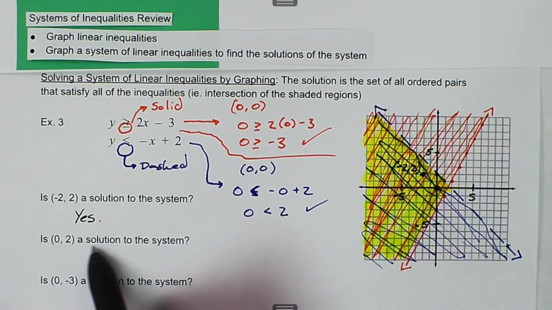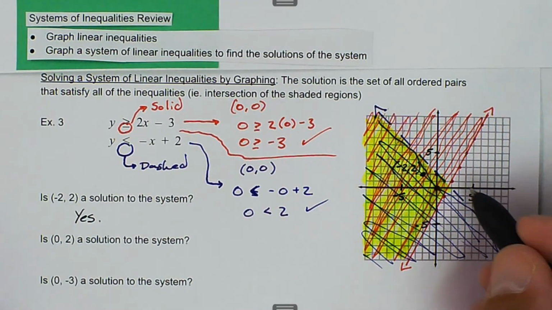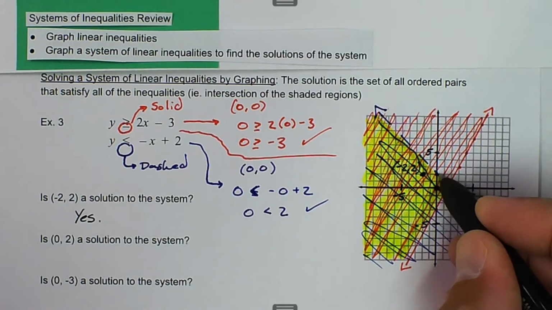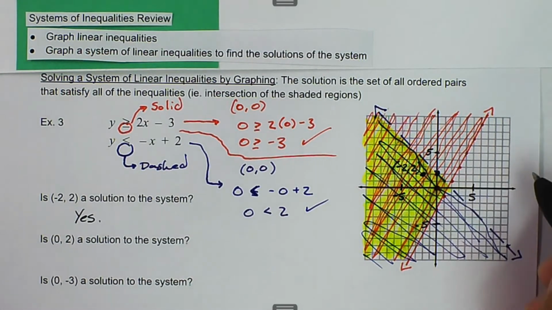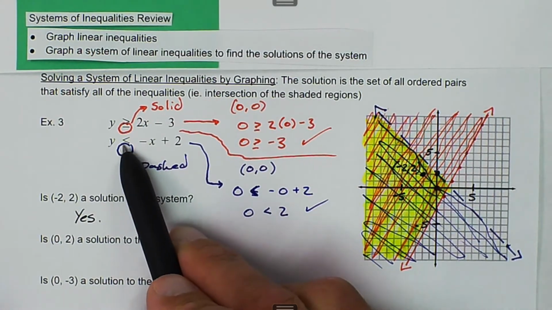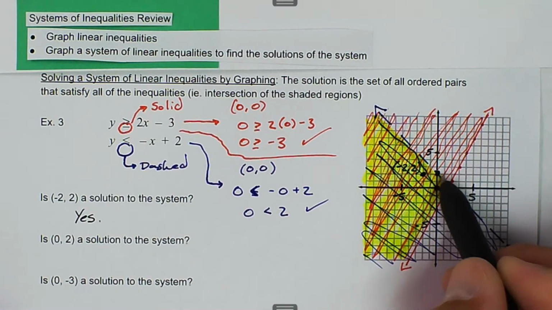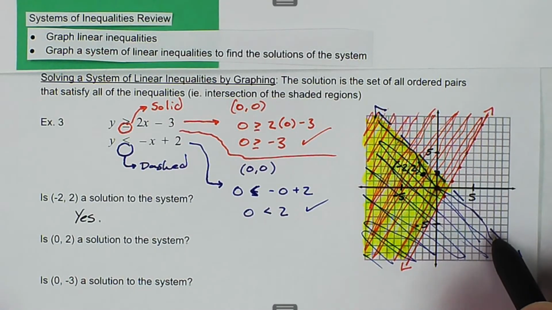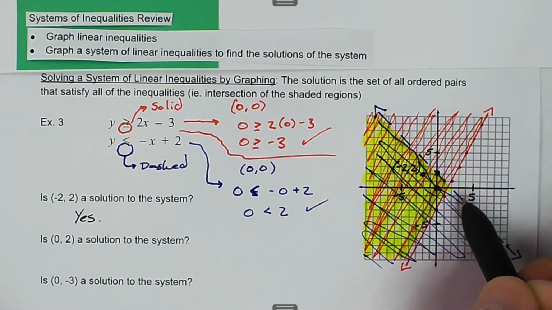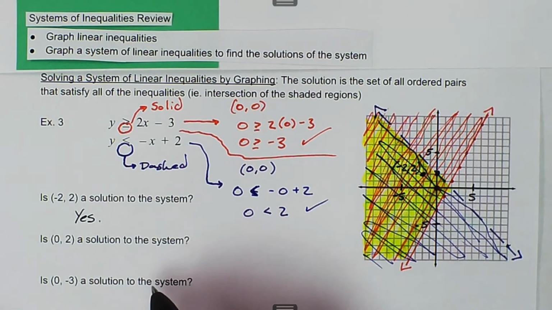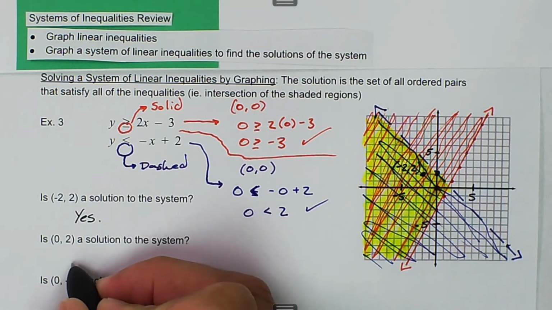Is 0, 2 a solution to the system? So let's see here, 0, 2, right there. Now, 0, 2 is exactly the y-intercept for this dashed line. So this one is not part of the solution.